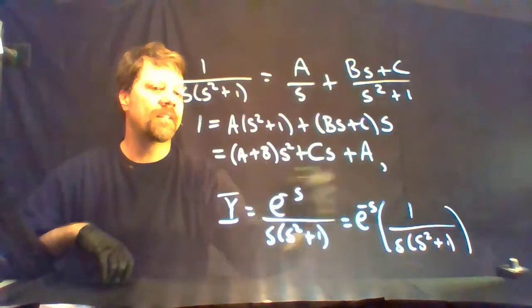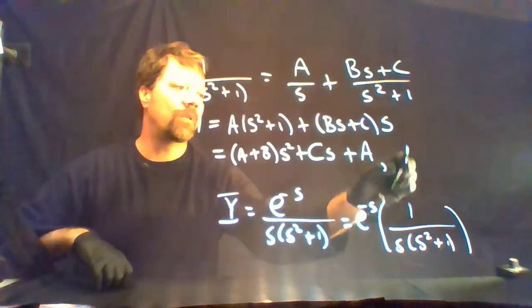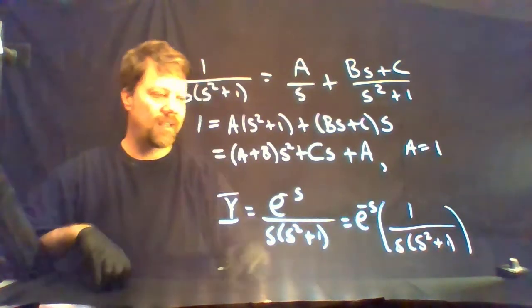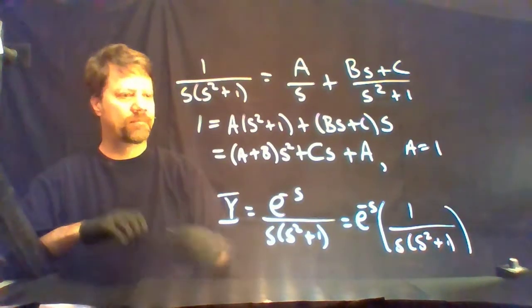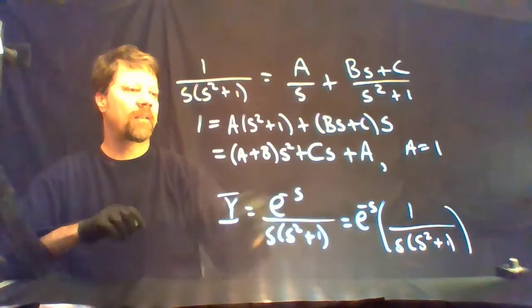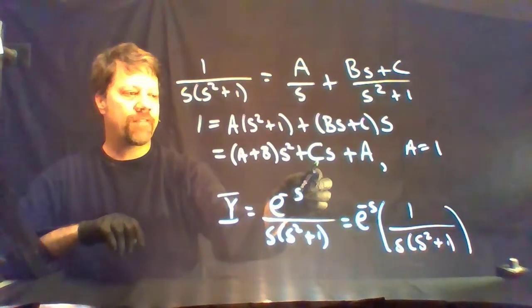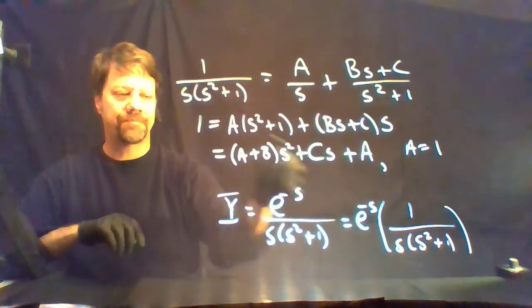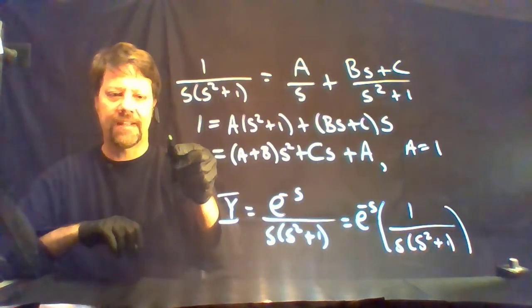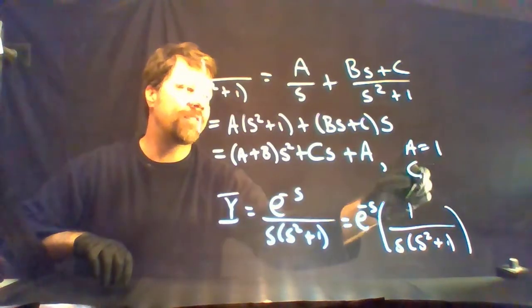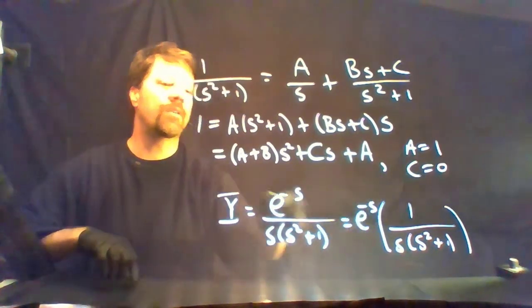We deduce that the constant terms must be equal, and hence a is 1. The coefficient of s on the right-hand side is c. The coefficient of s on the left-hand side is 0. We have c equals 0.